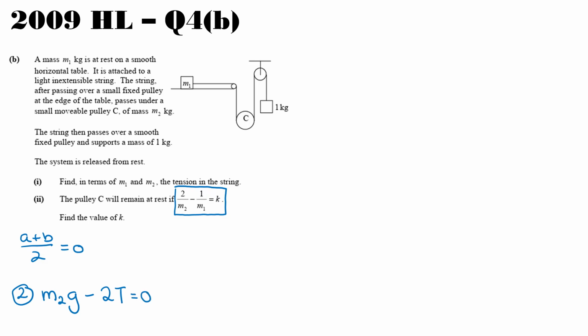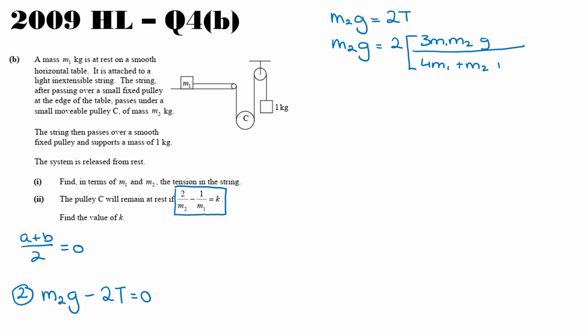So what we can do then is bring over the tension and then sub in our value of t in terms of our m1 and our m2 that we worked out in the previous part. That is 3 m1 m2g all over 4 m1 plus m2 plus m1 m2.